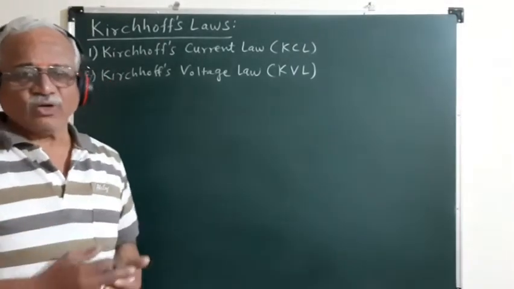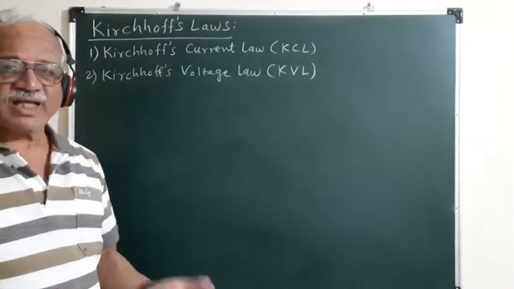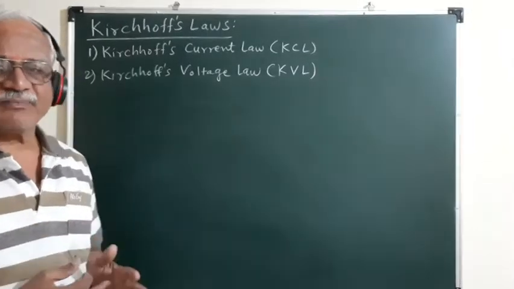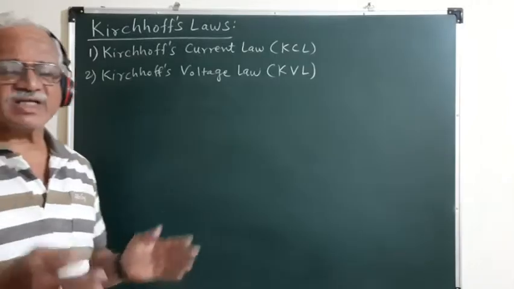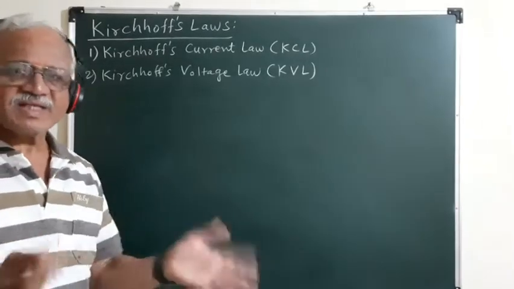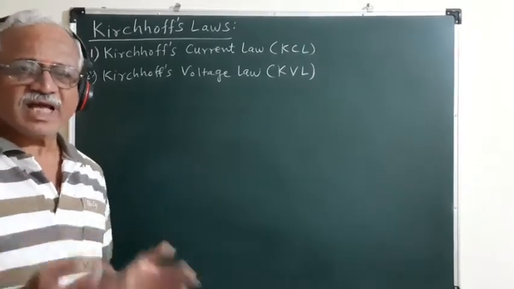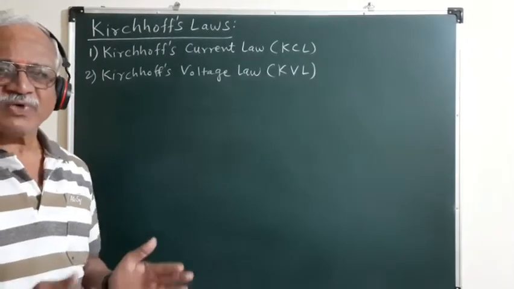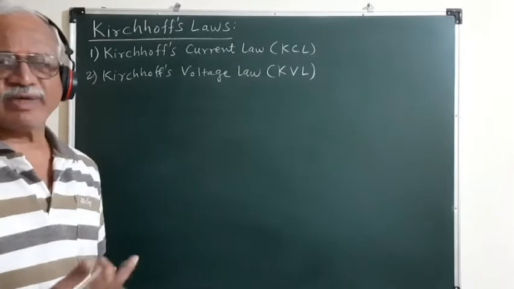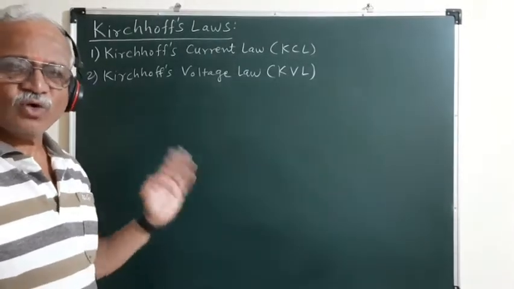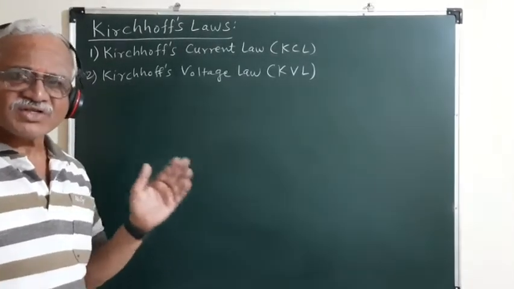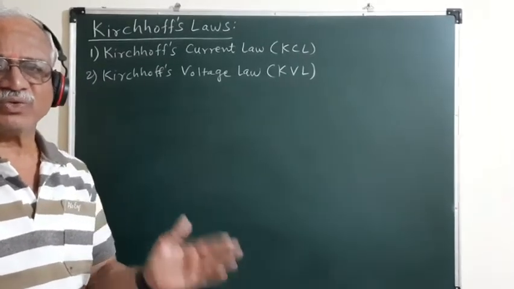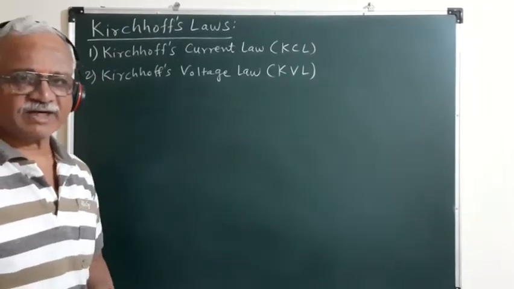A single law is unable to analyze complicated networks. We have seen that if the given network is a simple one, a series circuit, then it can be analyzed by using Ohm's law itself. But if the given network is a little complicated, then Ohm's law alone is not sufficient to find out the currents flowing through the different branches of that network.